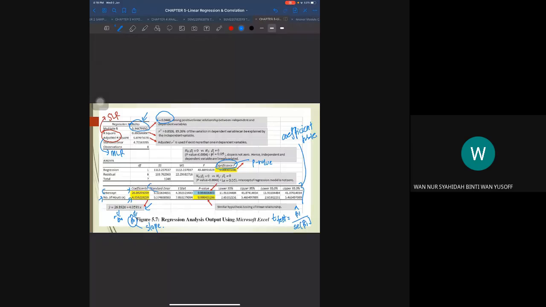So the standard error here is the denominator of this one. The standard error of beta 1 refers to the denominator here.